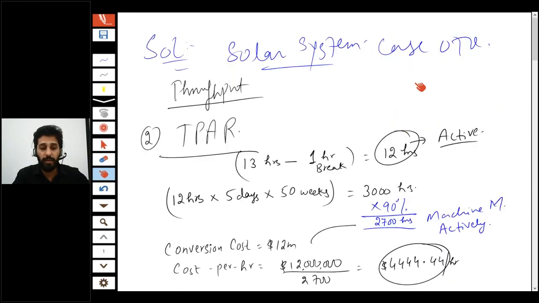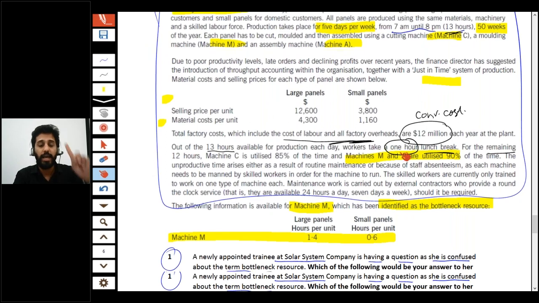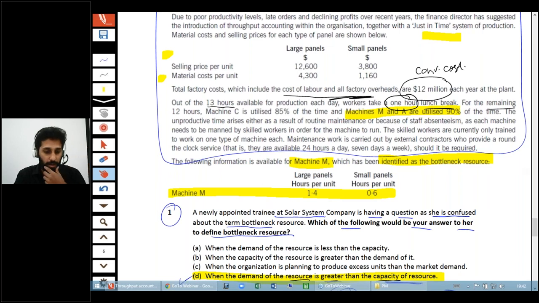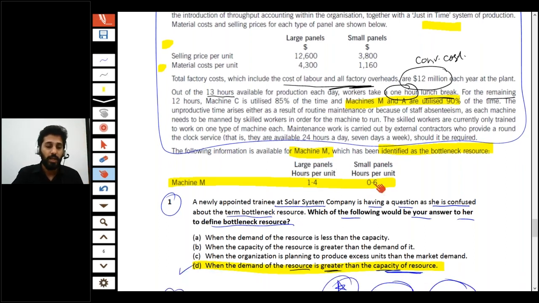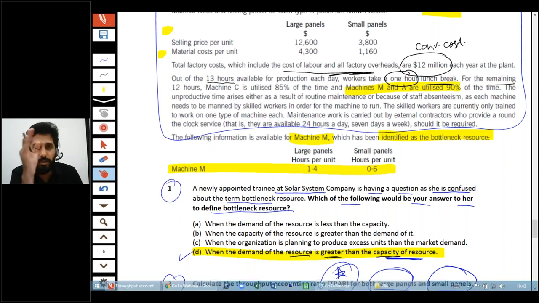Machine M is the bottleneck. It was written here, and to make one unit, it needs 1.4 and 0.6 hours.